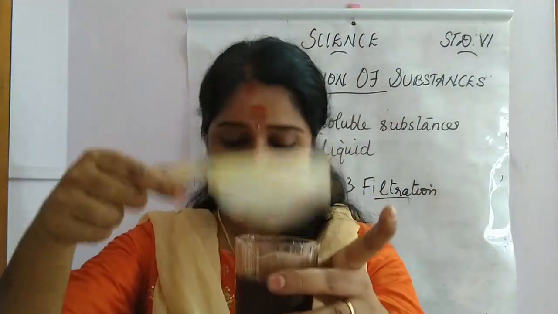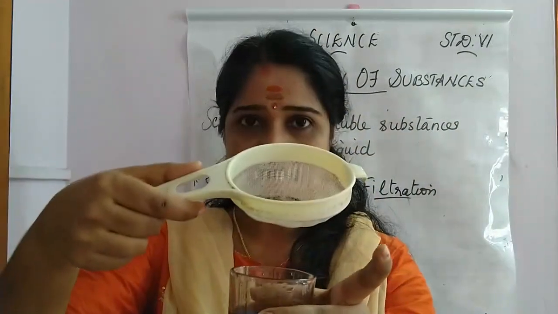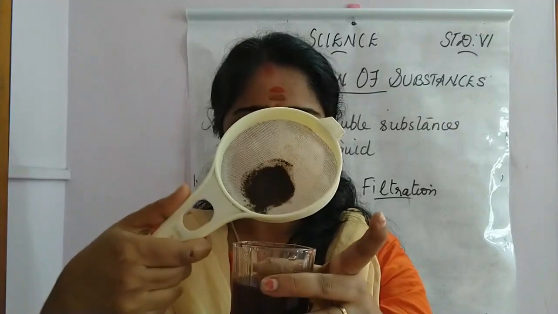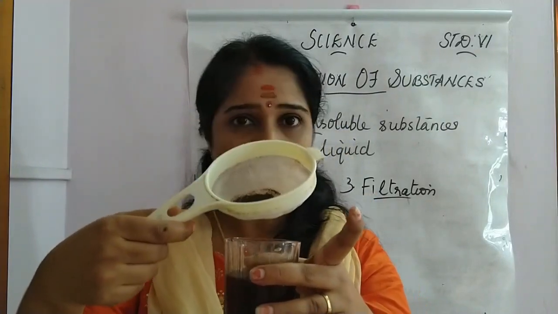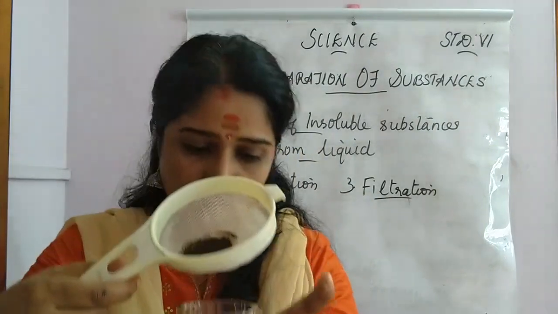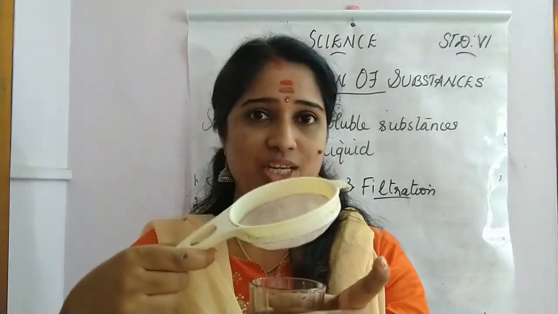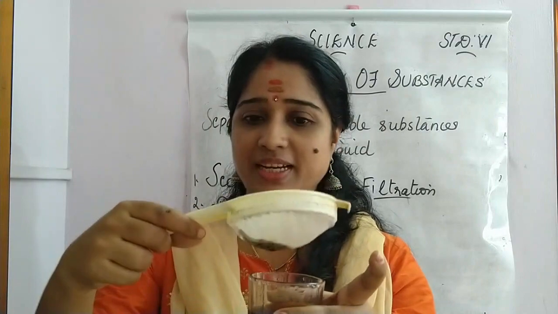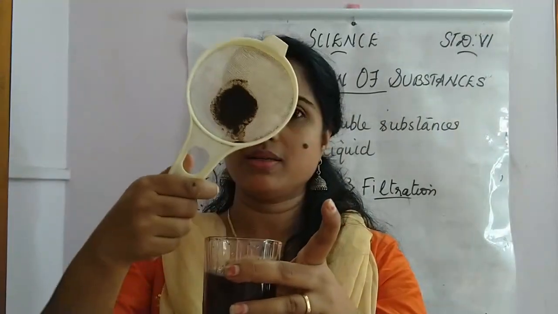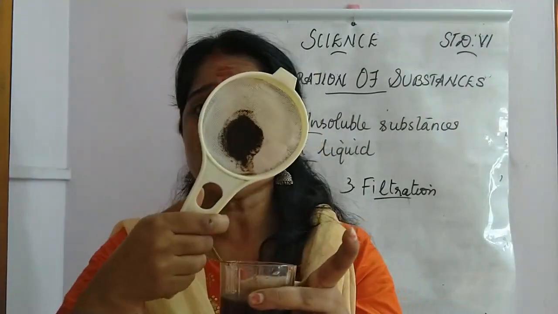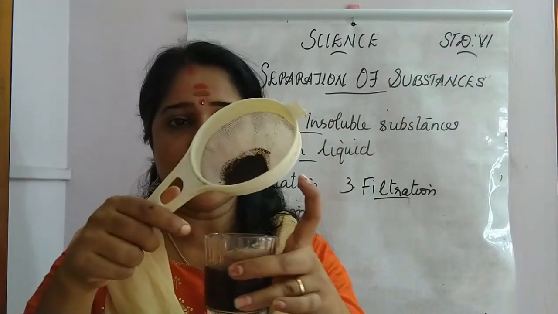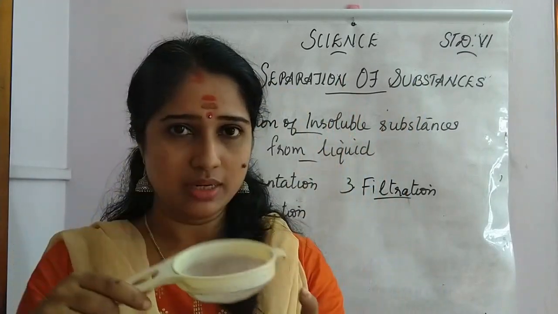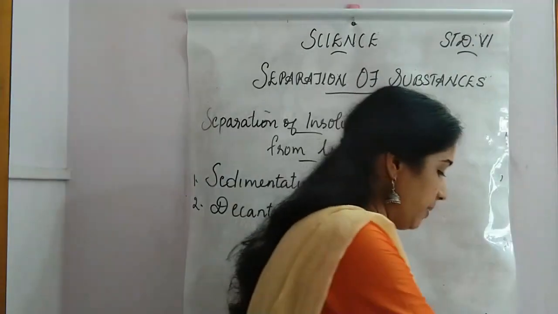The dust is inside this. Clear? Yes, this is the filtration. Here we are using this filter. In the kitchen, your mother often uses it. If you want to check it, you can go and check it today itself. You could see that this is a solid particle and this is a liquid. So we have separated the solid particle from the liquid. Clear? So this is the sieving method.